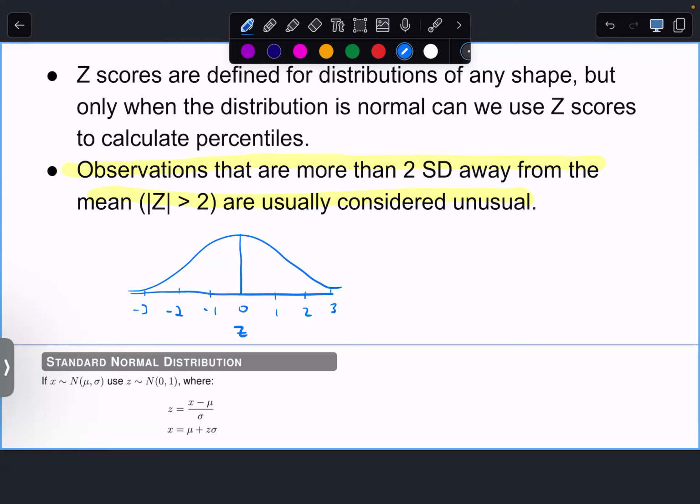We haven't seen it yet, but usually we go 3 standard deviations on either side of the mean. And then we've captured, spoiler alert, 99.7% of the curve. That's a lot. It's not all of it, but a lot. But I get ahead of myself. Anything past this point in either direction would be considered unusual, just as a kind of a threshold.